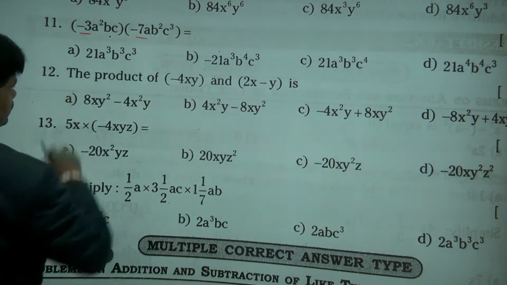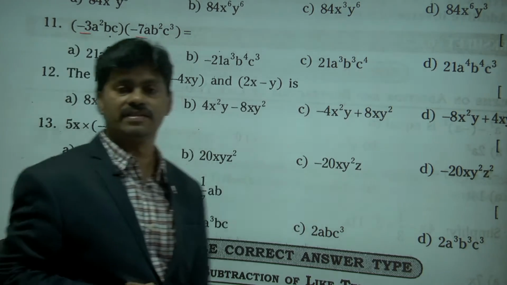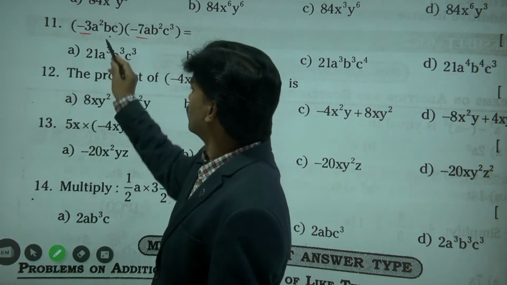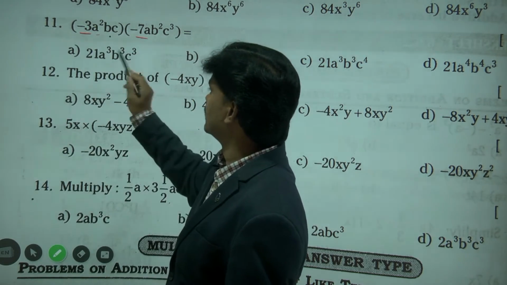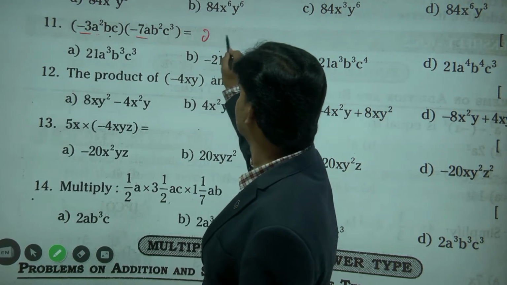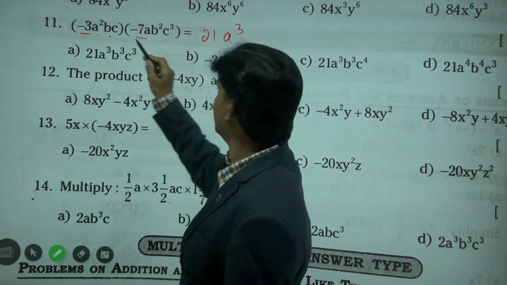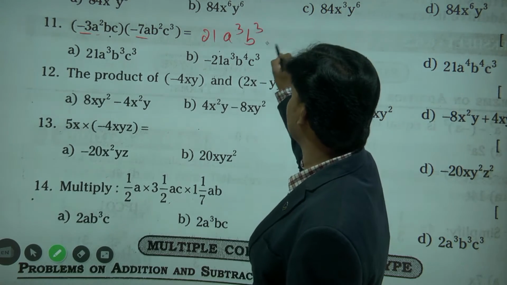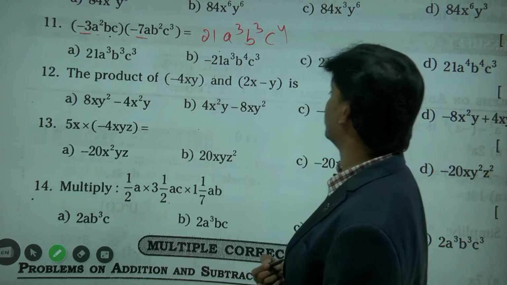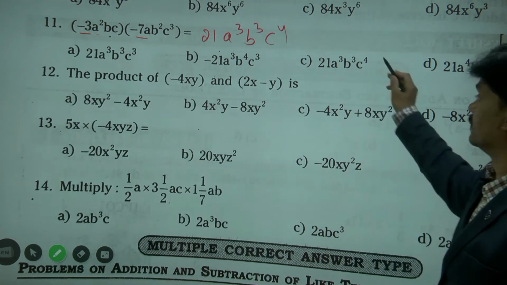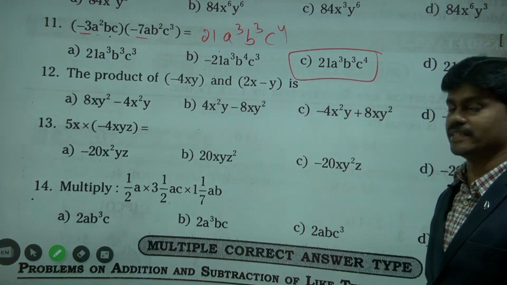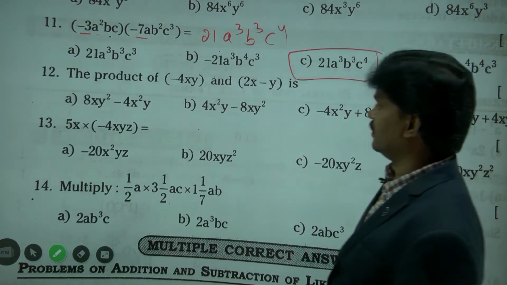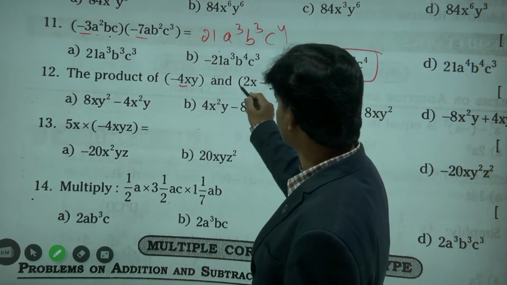Minus and minus, we will get plus. 3 7s are 21. So a square and a, a power 3. B and b square, b power 3. C and c cube, c power 4. 21 a power 3, b power 3, c power 4. Option C.